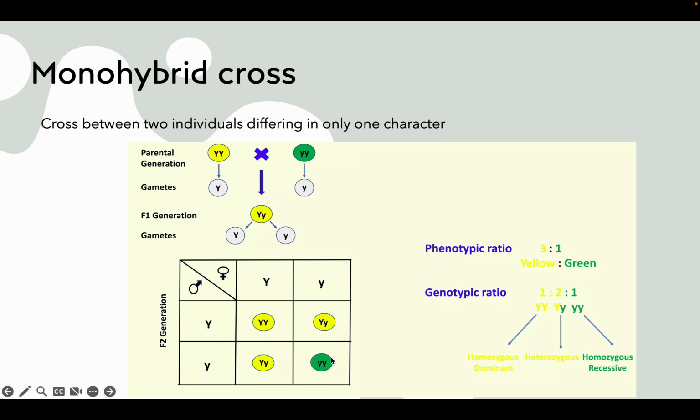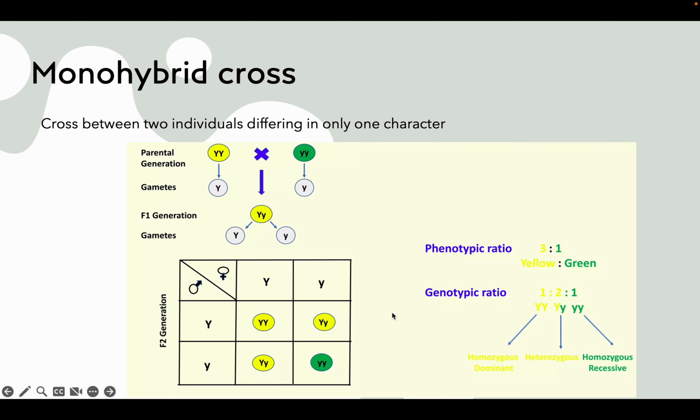By appearance we have yellow, but the genotype can be either homozygous or heterozygous, which is different. So what we put here is the phenotypic ratio. Phenotypic means what you can see, the appearance. So we get 3 yellow and 1 green, so the ratio is 3:1.